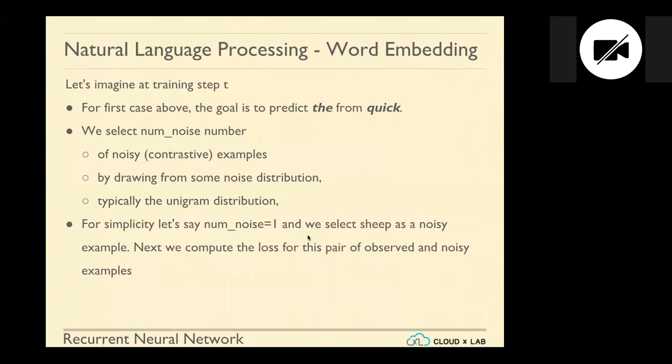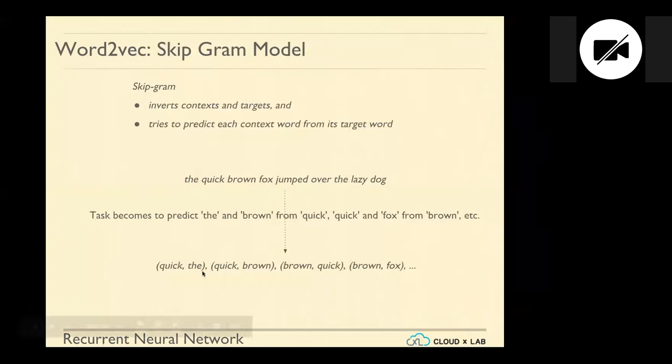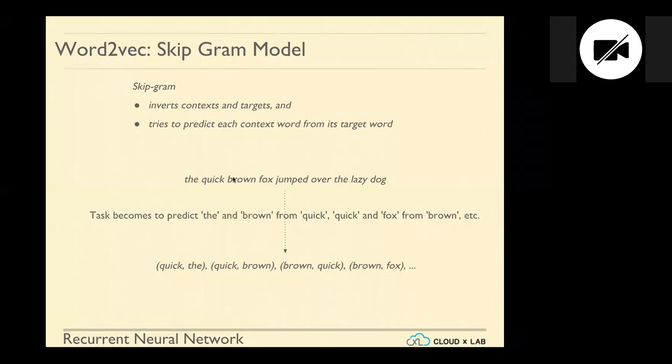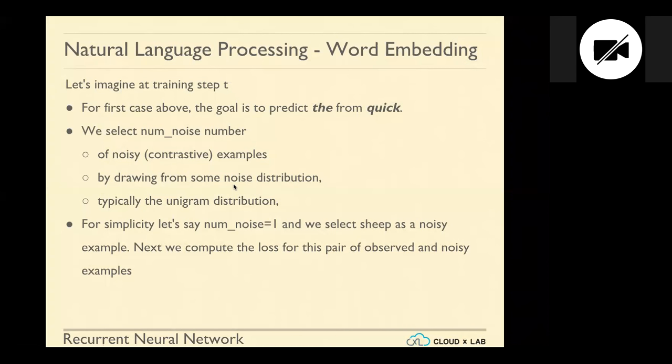So at every training step T, for the first case above, the goal is to predict the from quick, as well as the from quick, and quick from brown, and so on. We have to come up with this kind of model whereby the goal is to predict the context from the word.